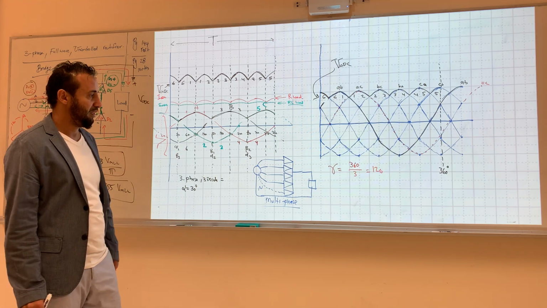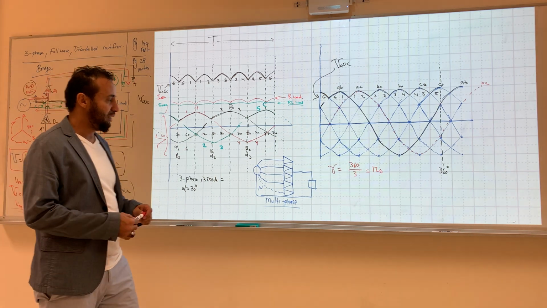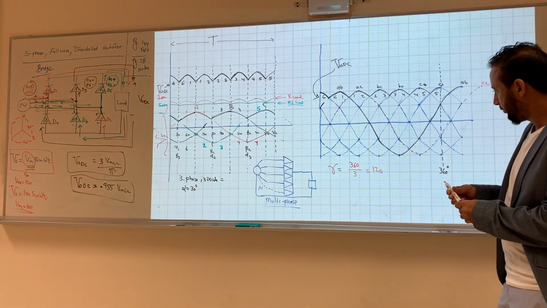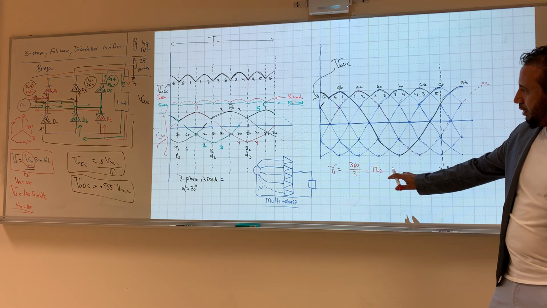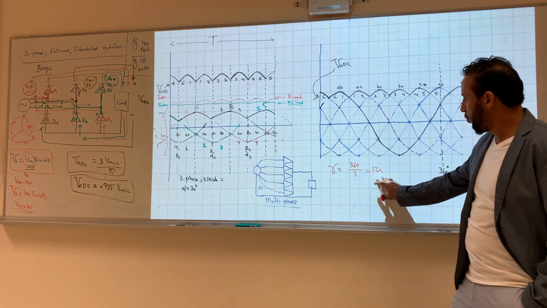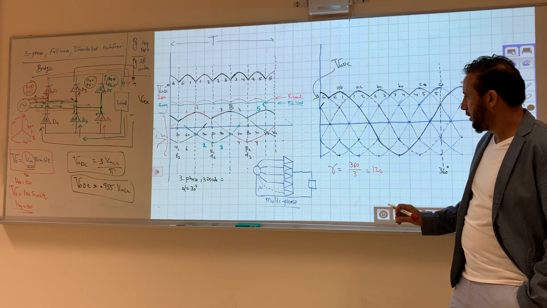So I can say that conduction angle is 120 and alpha is 30.